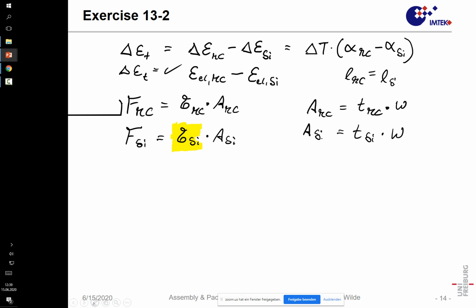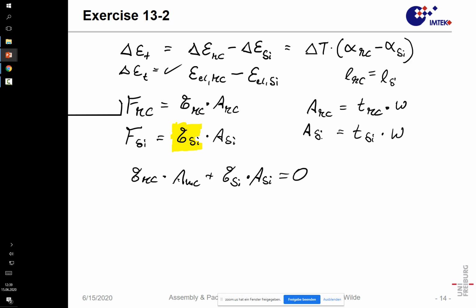So again, we can modify our formula, and we say sigma molding compound times A molding compound plus sigma silicon times A silicon is 0.